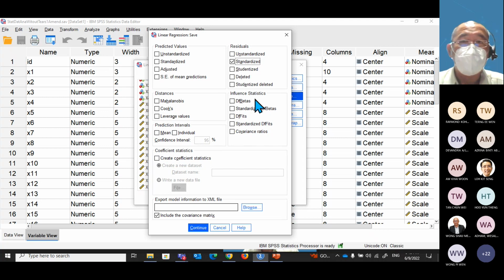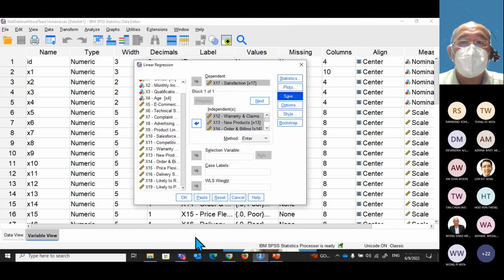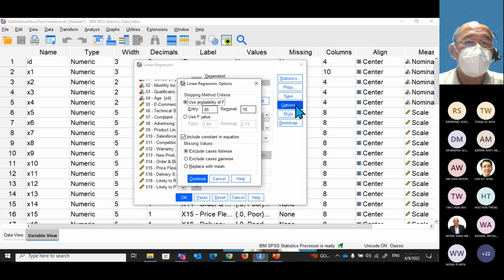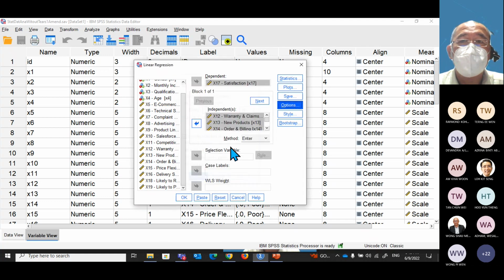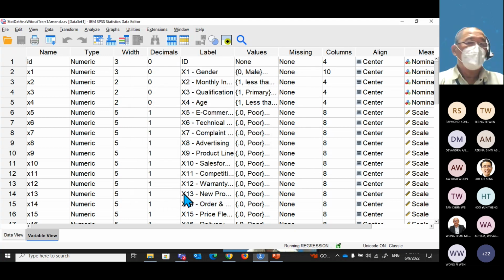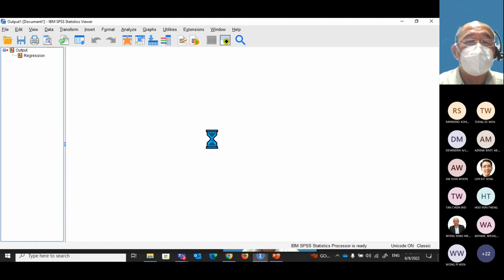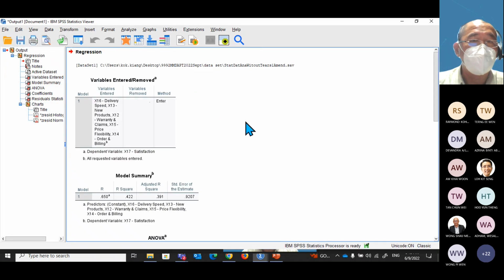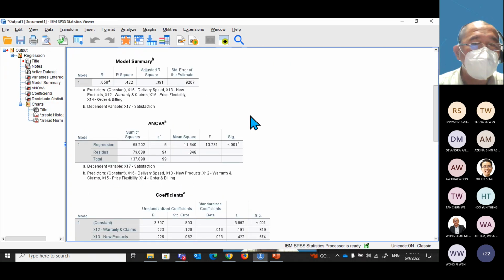If no problem, now we click okay. Continue. Options, nothing. Just click okay. So we get the output here. I give you 10 seconds, make sure you get the same thing.